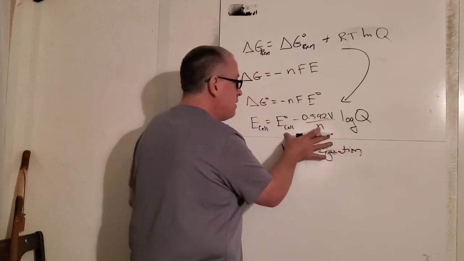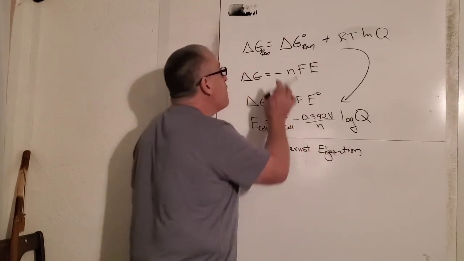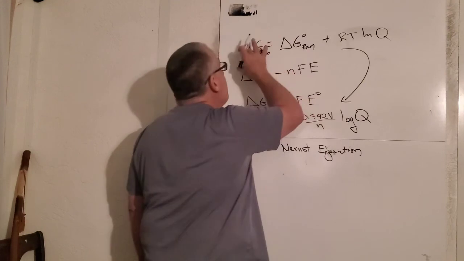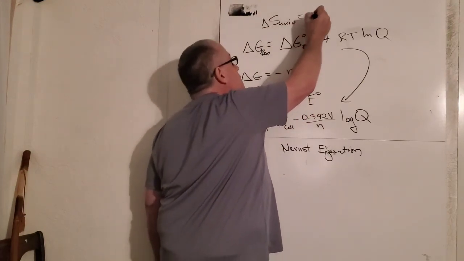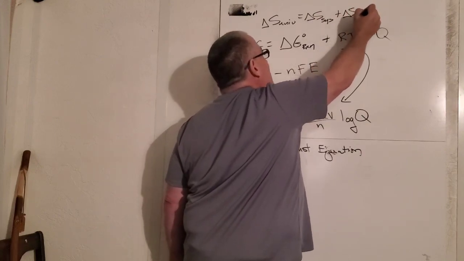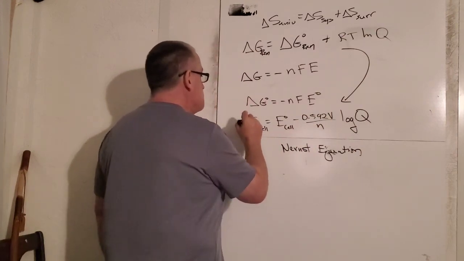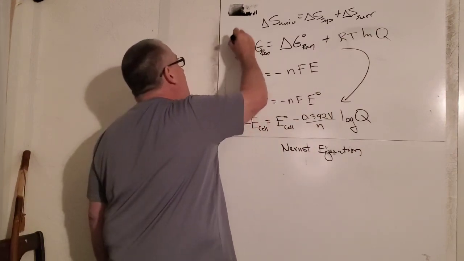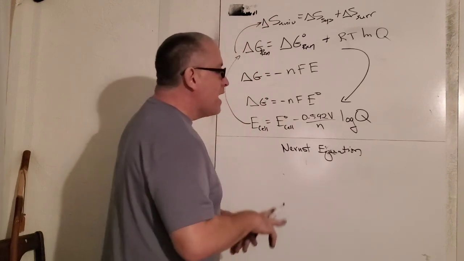And this is voltage, like you would measure with a voltmeter, comes from the Gibbs free energy, and the Gibbs free energy, remember, comes from the second law of thermodynamics. So this comes from here, and that comes from there. Okay, we'll go over that next time and do some calculations with it.